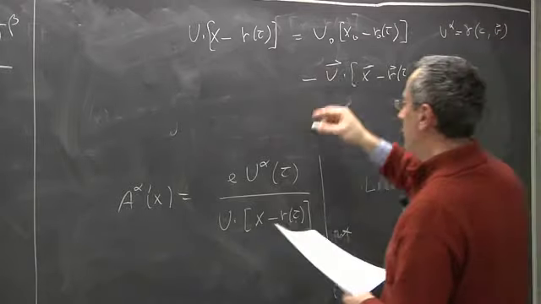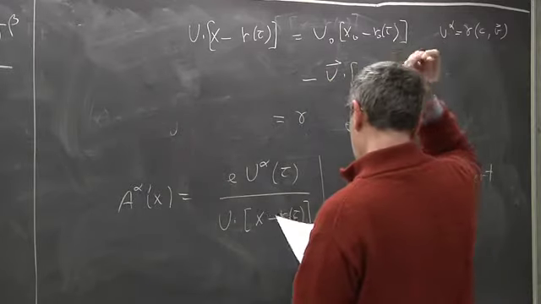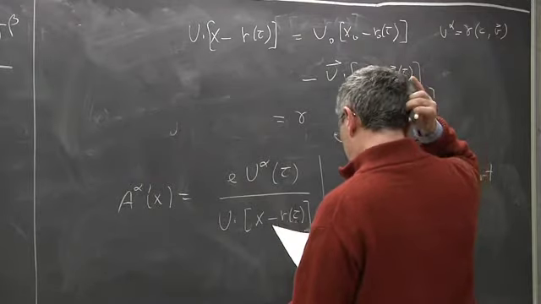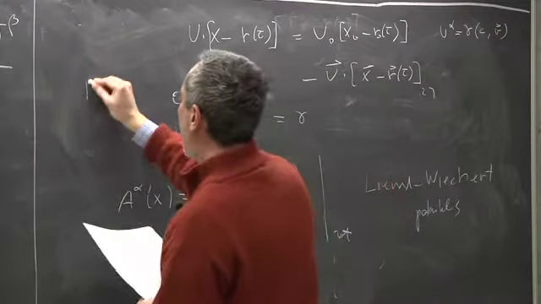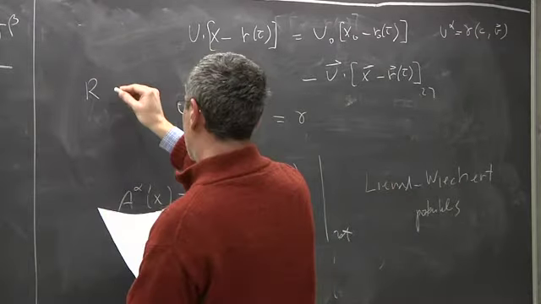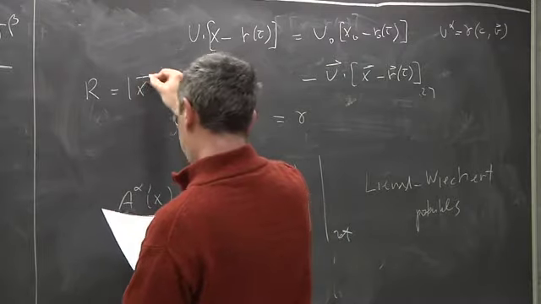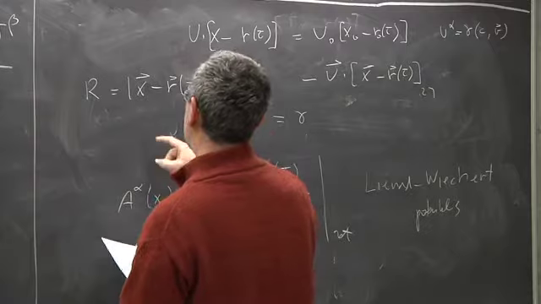So if you do that, you see that this is equal to gamma. Let's call R, big R, as I did before, the distance between x and r at this time tau.